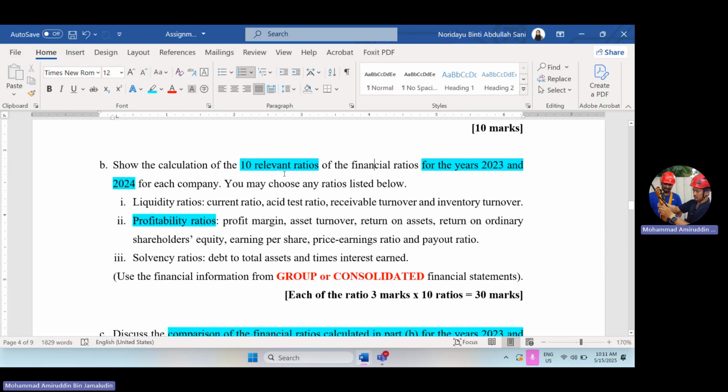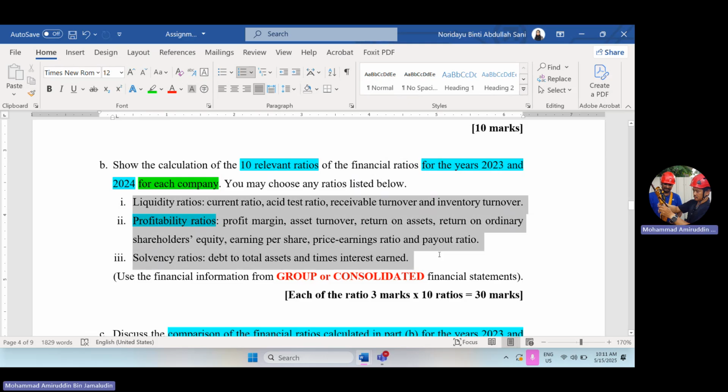Show the calculation of 10 relevant ratios for the year 2023 and 2024 for each company. You can choose any 10 ratios.